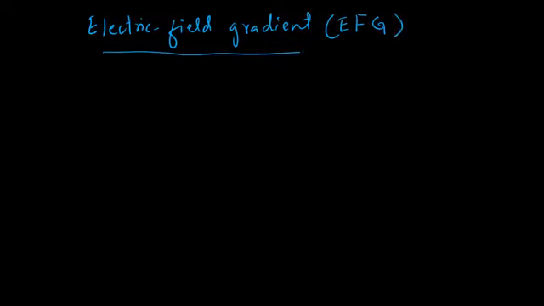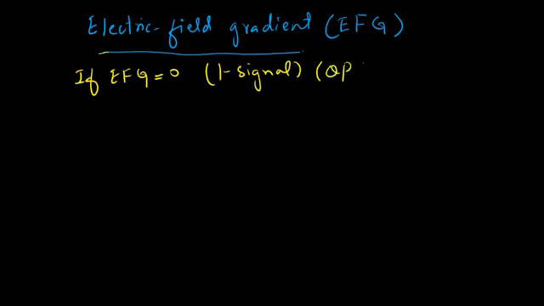I told you that if the electric field gradient is equal to 0, then there will be only one signal in the Mossbauer spectra. In that case, quadrupole splitting is absent. Or we can say that quadrupole splitting is not possible when the electric field gradient is equal to 0.